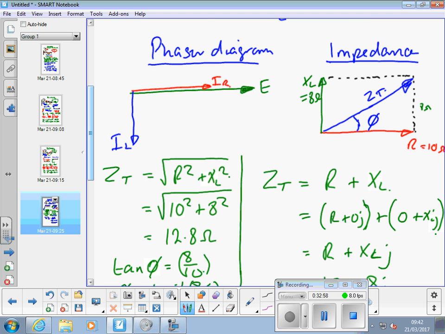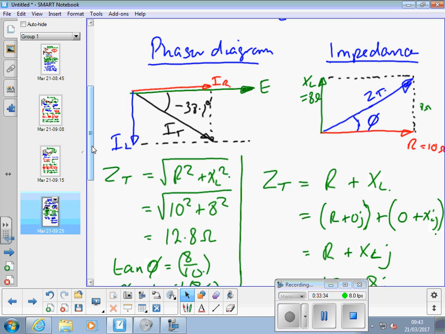IL is 90 degrees out of phase, which gives us IT there at an angle of minus 38.7. And is that what we said happens with current in an inductive circuit, that it lags voltage?